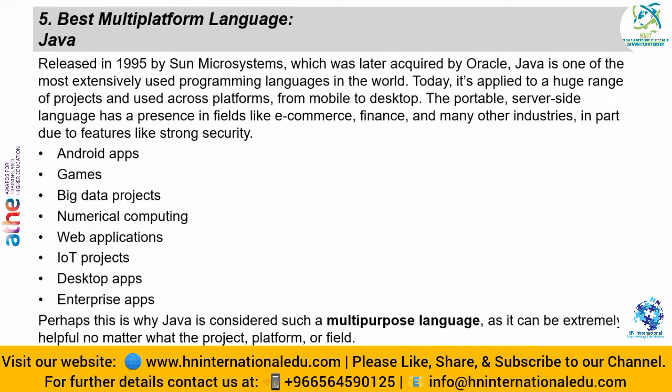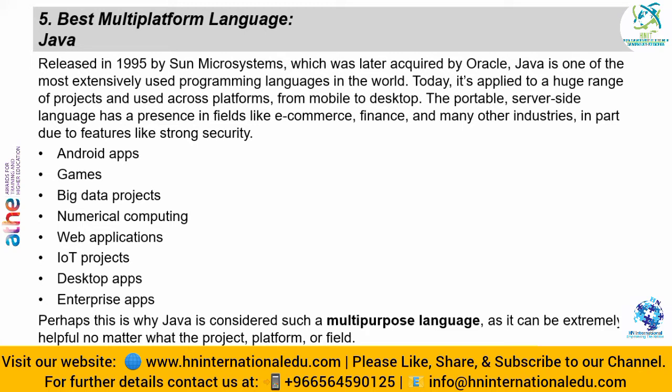The portable server-side language has a presence in fields like e-commerce, finance, and many other industries, in part due to features like strong security. Now, I told you Java and JavaScript are a bit the same, but they are not exactly the same. And it is also a more useful language that is used around the world.